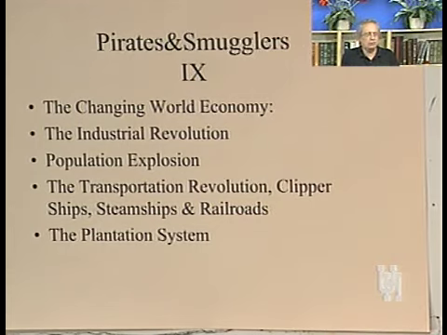And clipper ships, with these multi-sail, vastly increased in size and speed, ocean-going vessels, dramatically improve the ability to deliver products around the world. Same with steamships, although steamships aren't known for being much faster than sail vessels, depending on weather conditions. The fact is they can keep moving constantly no matter what the wind conditions are.